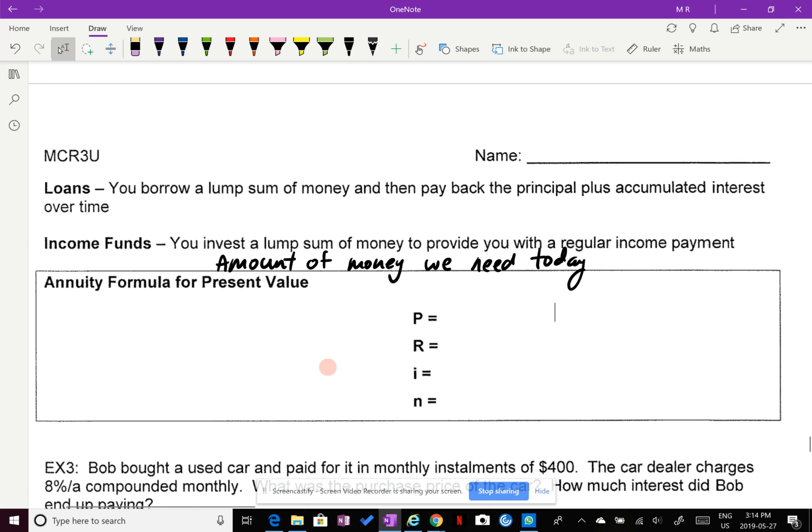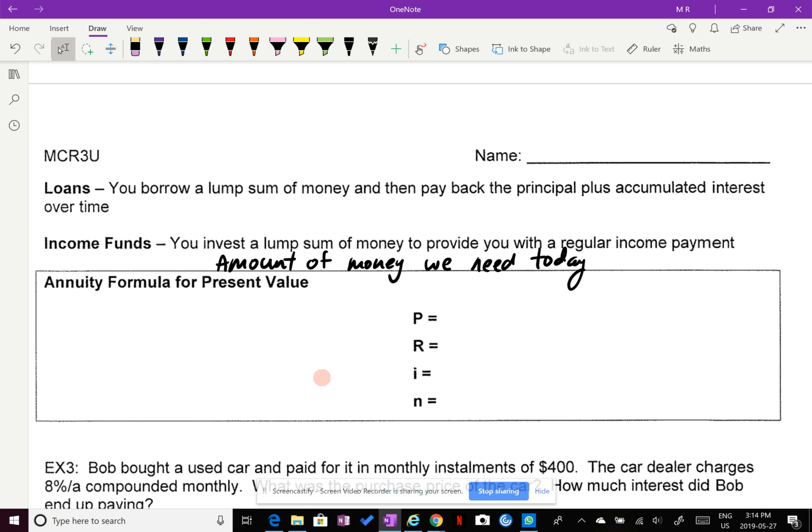Or you can also think of it as the value of some product or object that you may have value in the future, but it has a certain amount of value that it's worth today. Okay, so problems like that, when you look at amounts of money we need today, we'll explore that in the next couple of problems.